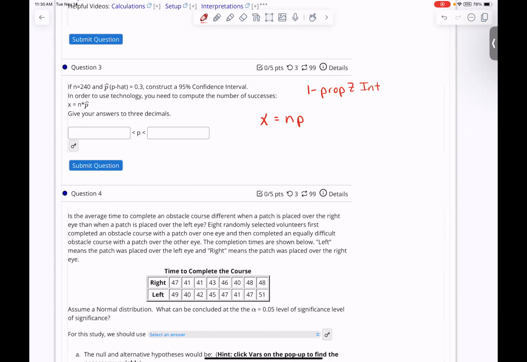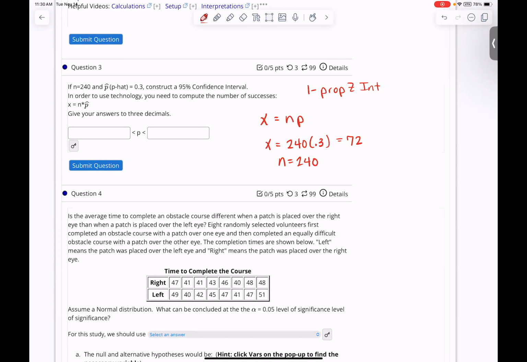They give me p hat and they give me N, but they don't give me X. And I do need that information to put this in my calculator. So we're going to take 240 and multiply it by p hat, and that's going to give us 72. So X is 72, N is 240. And we can go put that in our calculator.